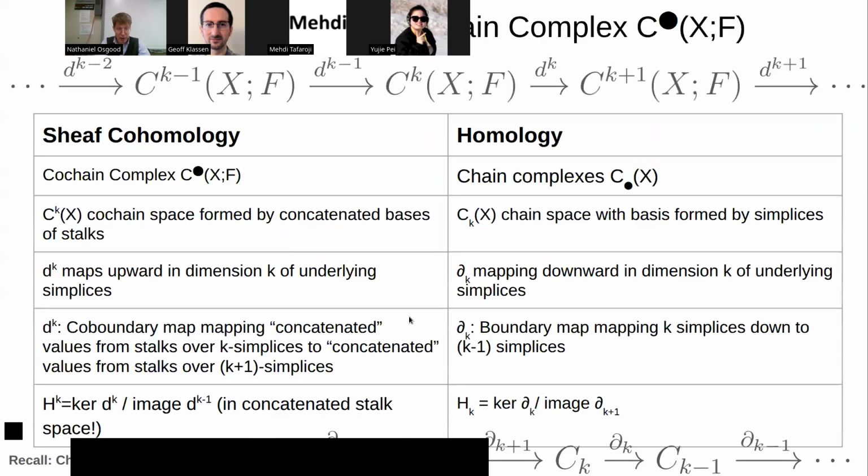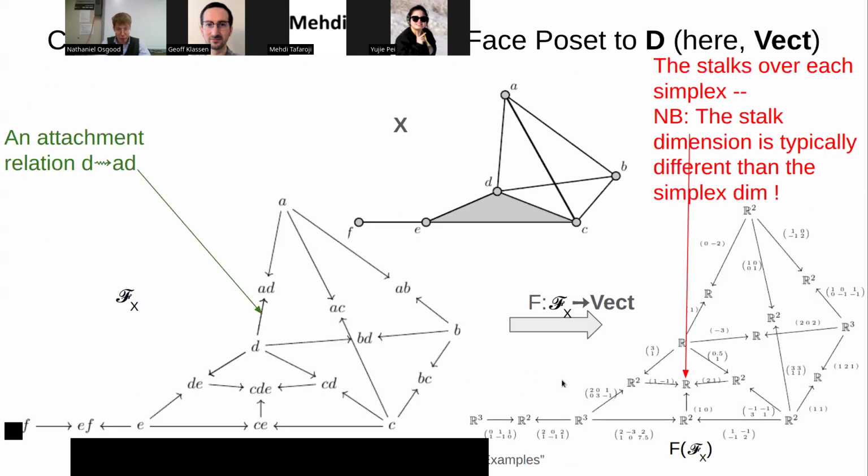So maybe that dimension 2 simplex has itself a stalk over it of dimension 1, in which case the space over C2 will be of dimension 1. It's a vector with a single number in it, namely a real number. It won't be an integer.